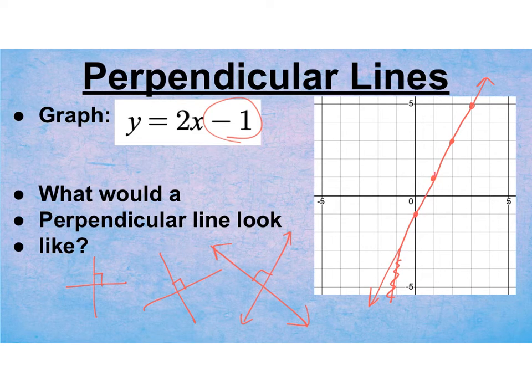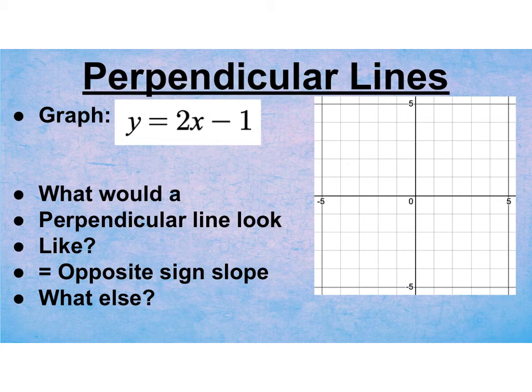So I went up 2/1, and if I go down 2/1, back 2/1, then we're going to have a line like that. So notice that the first line I drew had a positive slope. The second line I drew had a negative slope. That's an important piece. Also, they are going to have different y-intercepts.